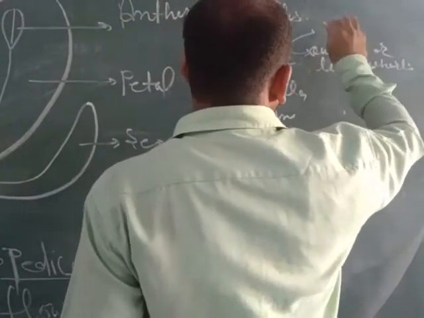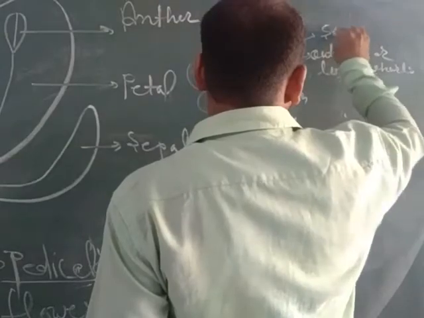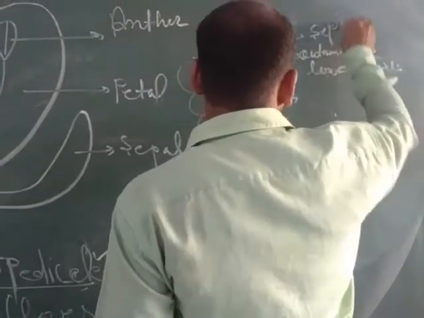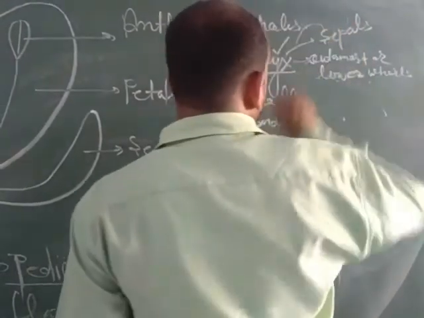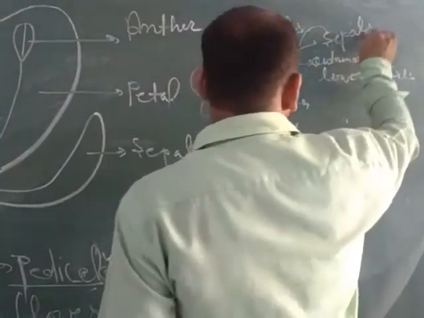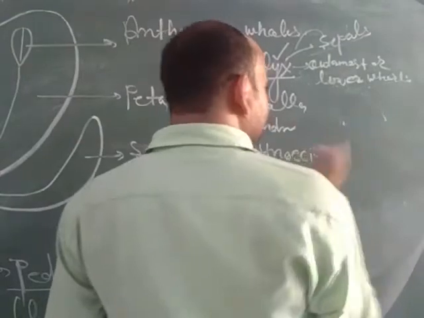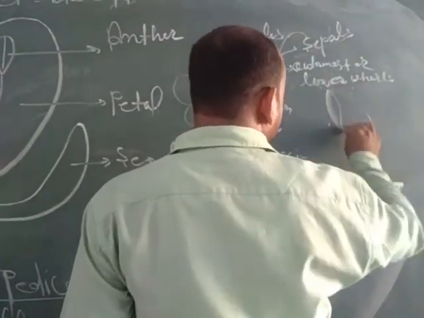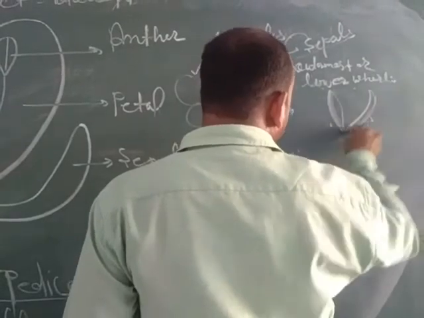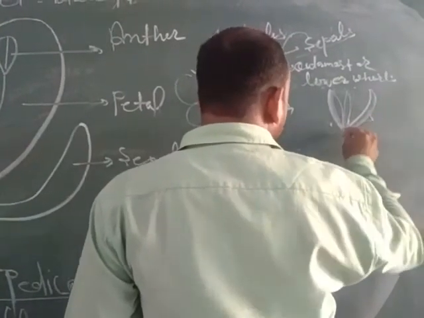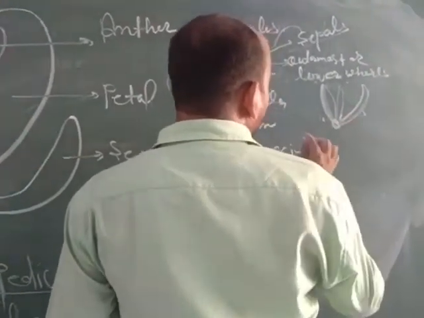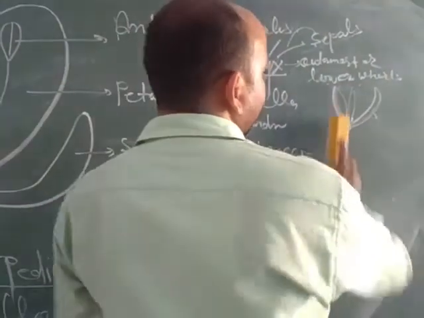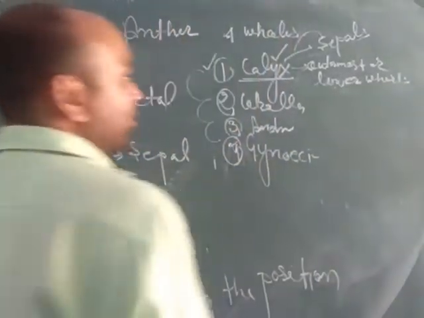The collection of sepals is called calyx. These are generally green in color. If sepals are attached from the base region, this is called the gamosepalous condition.